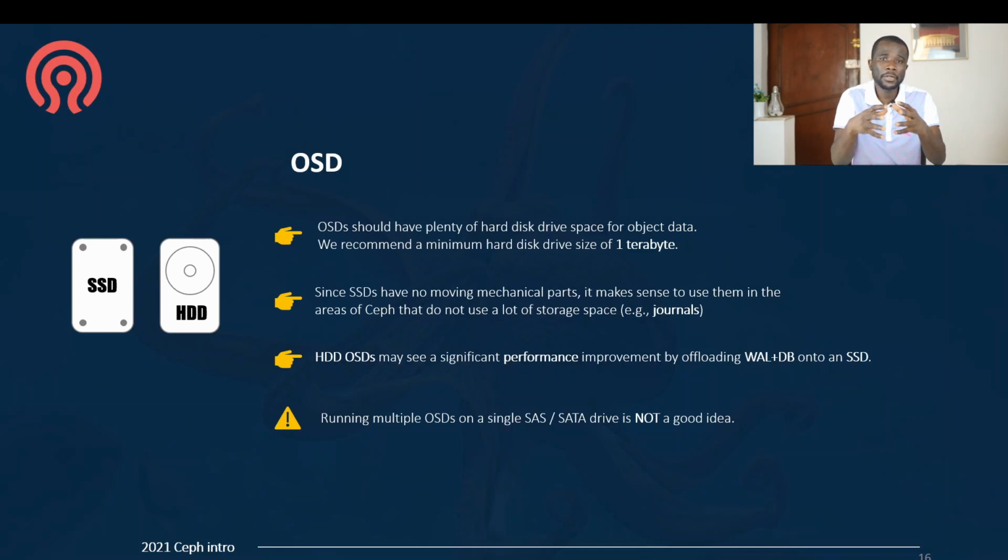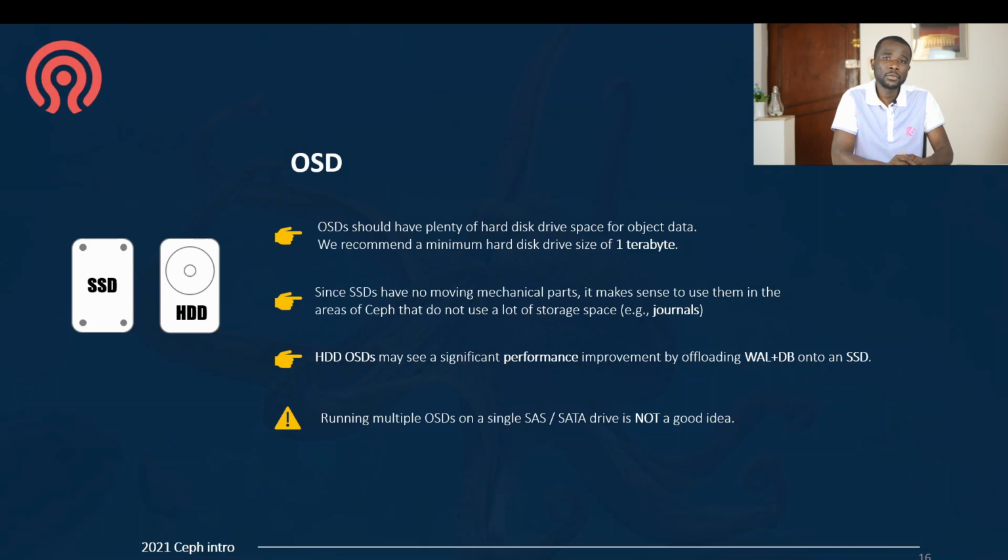Don't gather different types such as SATA and SAS for storing data, because the hard drive which is not faster will impose its speed on the whole cluster.